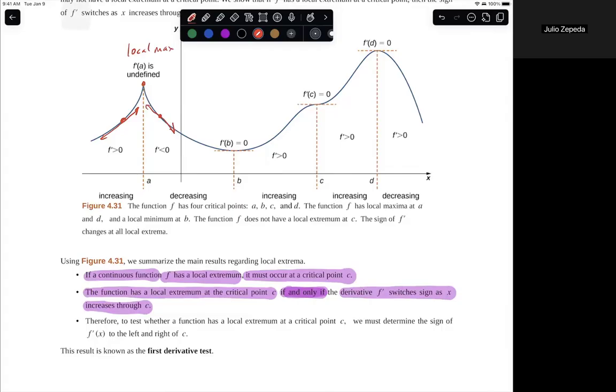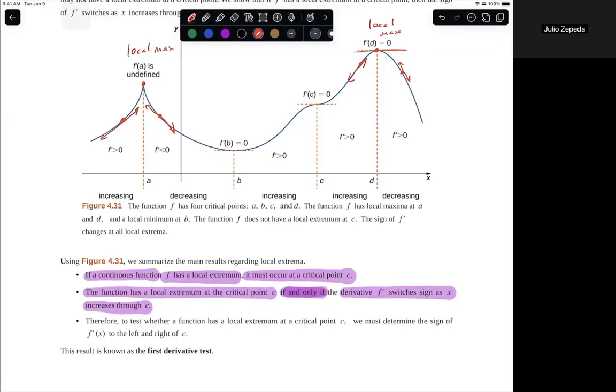If we have another local max somewhere else, here the derivative is actually defined and it's equal to 0. But we can see that that behavior from before still holds. The derivative before the local max is positive and then becomes negative afterwards.